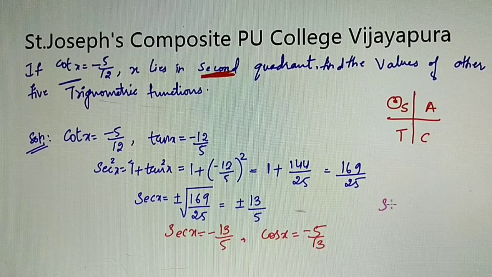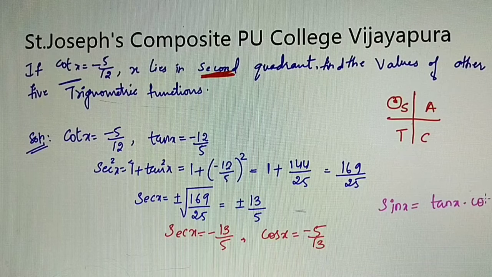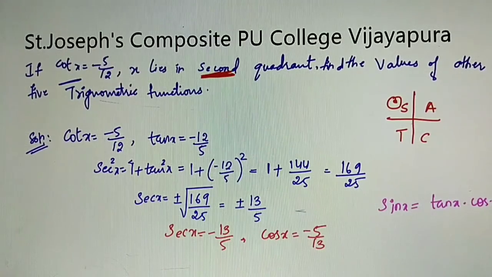We know sin x can be written as tan x into cos x, because tan x is sin by cos. So cos gets cancelled, we get sin x again. So both are equal. So sin x is equal to tan x into cos x.